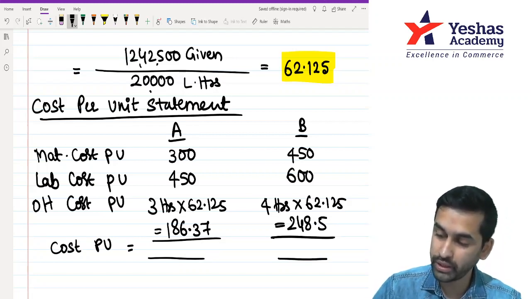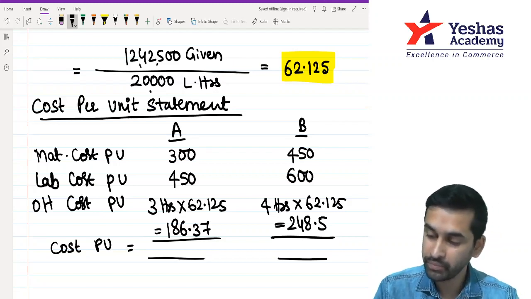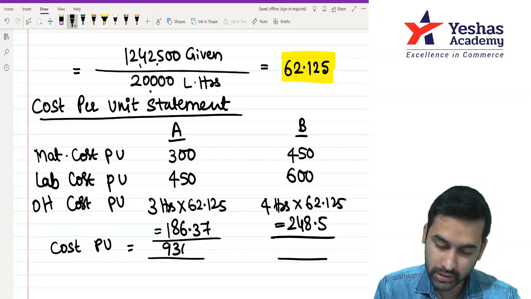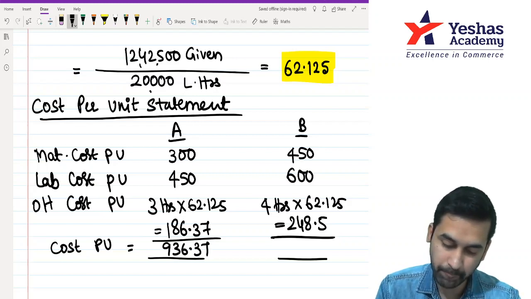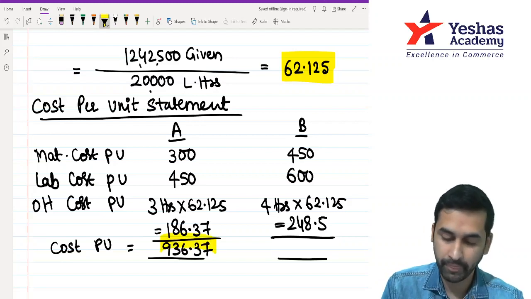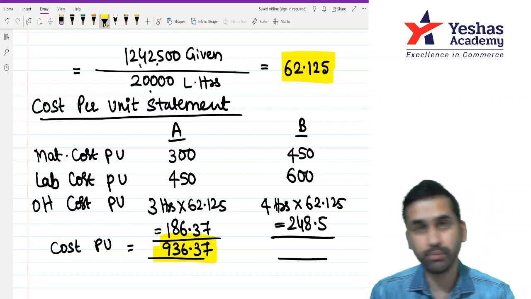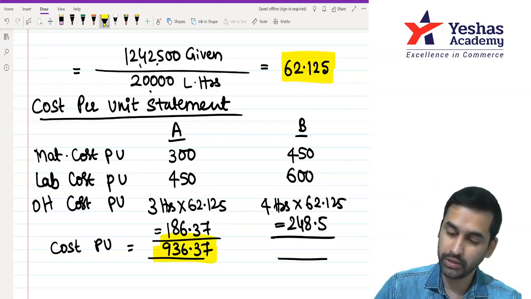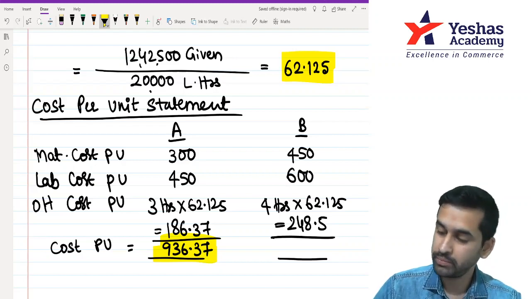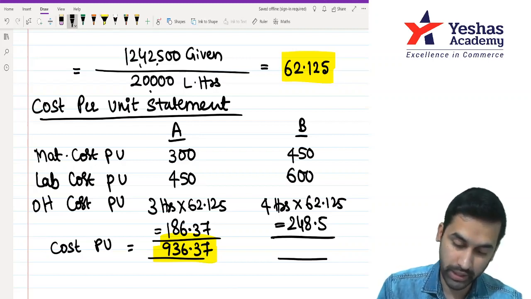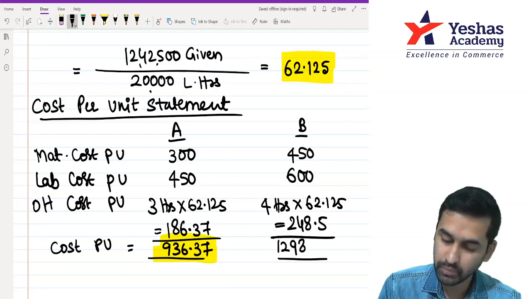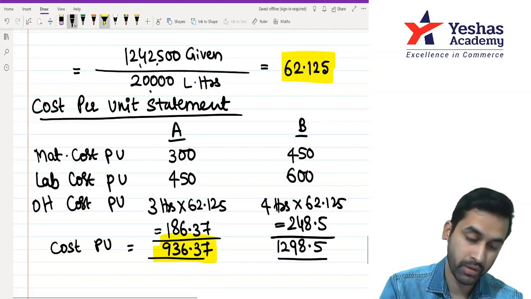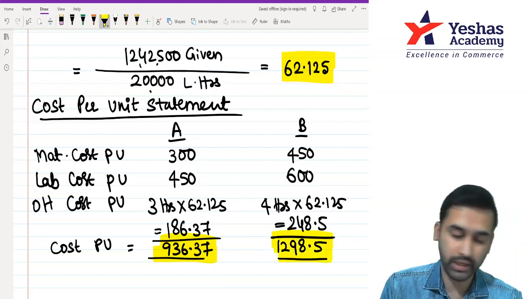300 plus 450 plus 186.37 gives 936.37. Same way, 450 plus 600 plus 248.5 gives 1298.5.